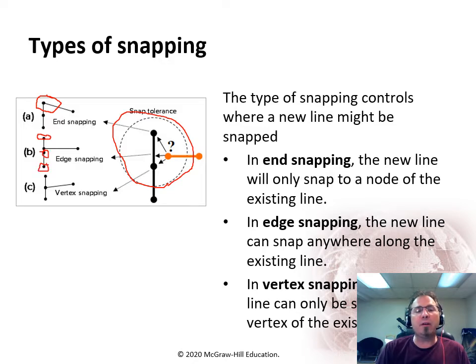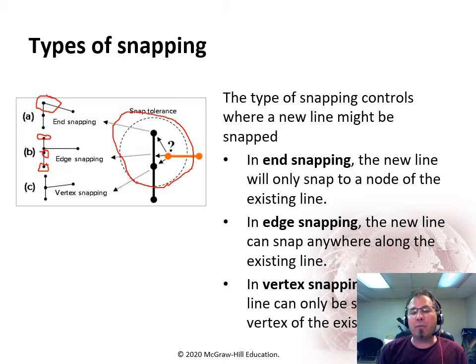So typically, if you've set all this up ahead of time, you've taken the time to do this, you're probably going to want to snap it to one of those vertices. That's where vertex snapping comes in. It'll only allow you to snap new lines to the vertices of the previously created lines. And a lot of times this is the best option, just because you know it's going to snap to a vertex, which is what you want.